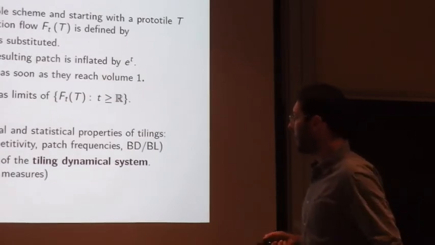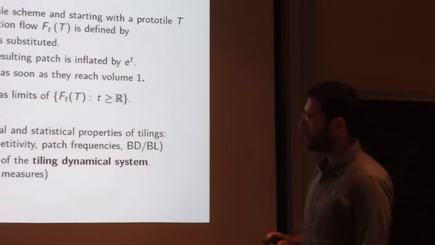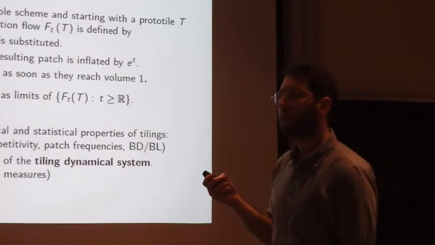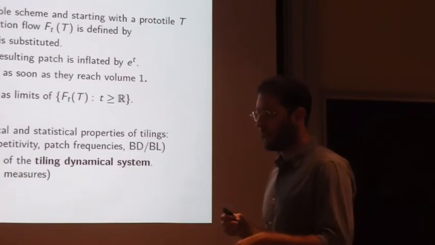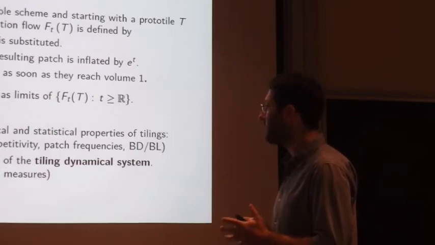These are geometrical questions. And another type of question that we approach is the dynamical properties of a tiling dynamical system. So essentially, you take a tiling and you can think of it, you have to prove that this is the same thing, but in fact it is.